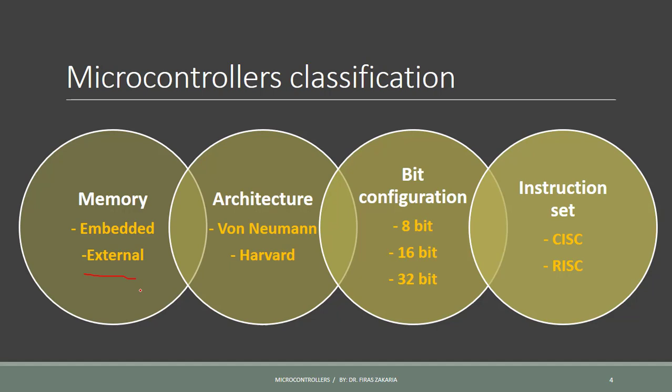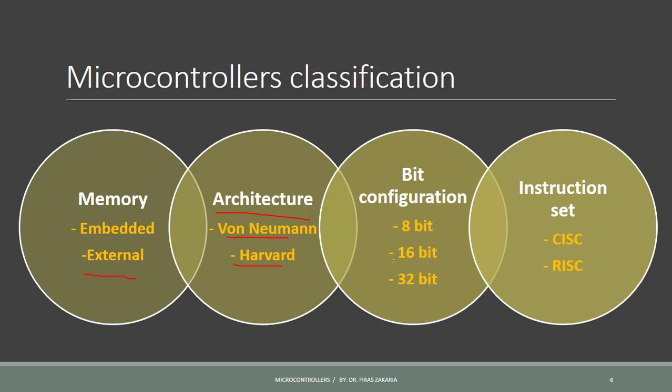However, the embedded memory microcontroller has all programs and data memory, and also has counters, timers, interrupts, and input-output ports embedded on the chip. We have two types of microcontroller architectures, the von Neumann and the Harvard architecture.